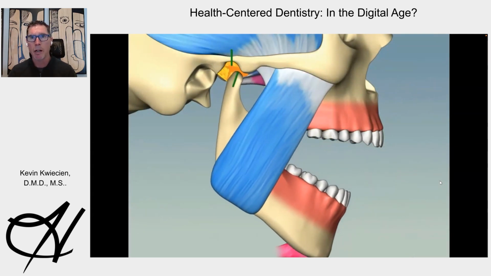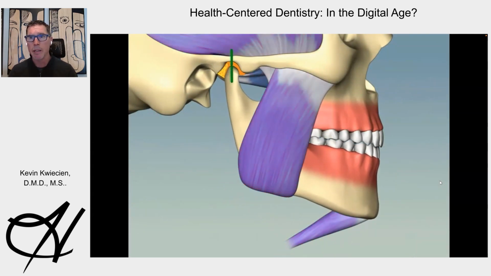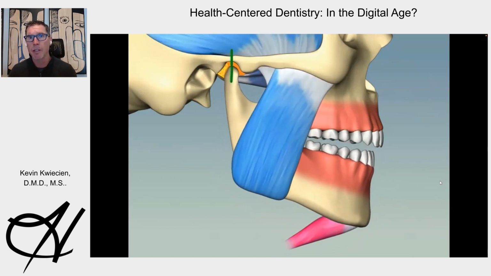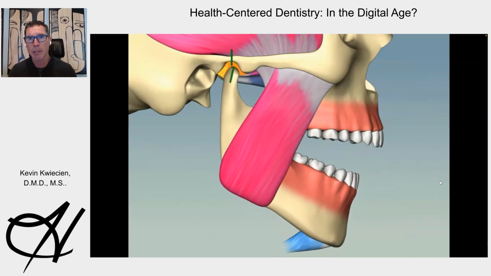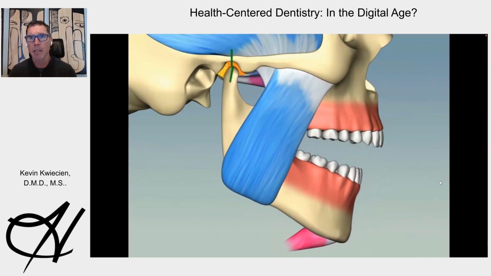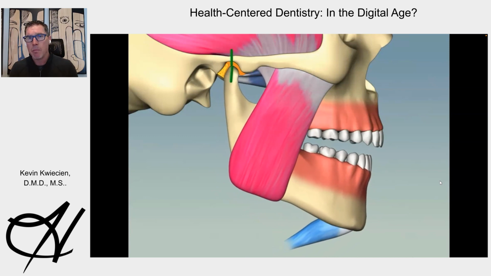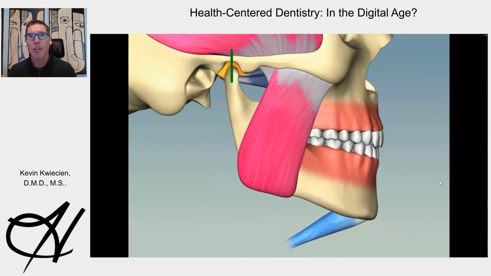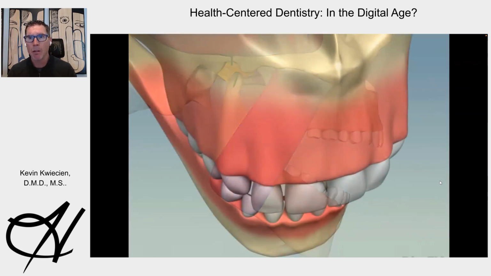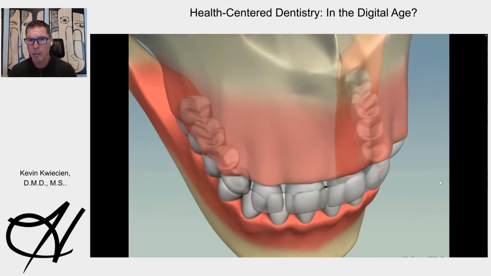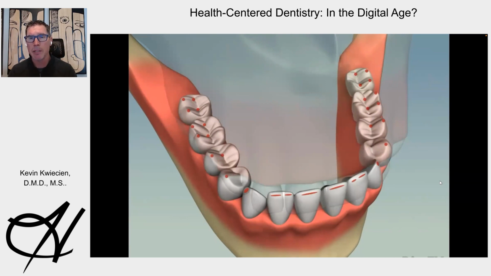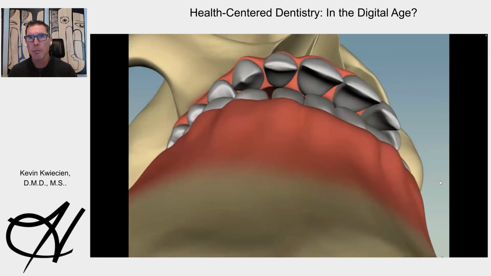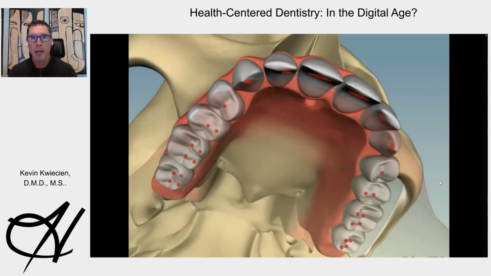So when we think about what optimal is, optimal would be that when we bite together, the muscles work together on the left and the right to pull the ball back up in the socket where it belongs. And as the muscles pull the lower jaw up to the top jaw, and the ball is in the socket where it belongs, in a perfect world, we would also have all of the back teeth touching evenly and simultaneously, cusp tip to flat landing area on the top and the bottom.